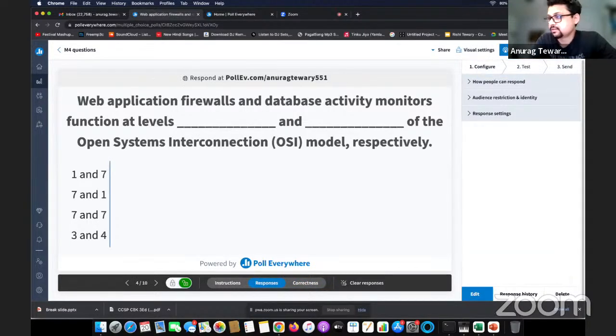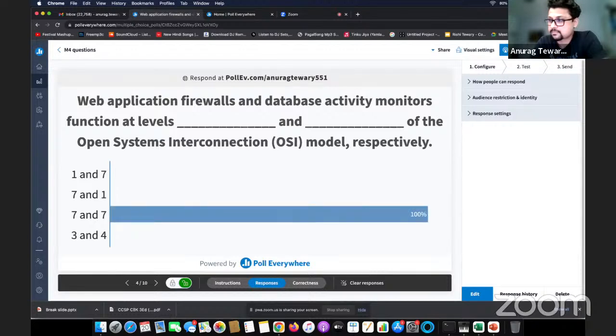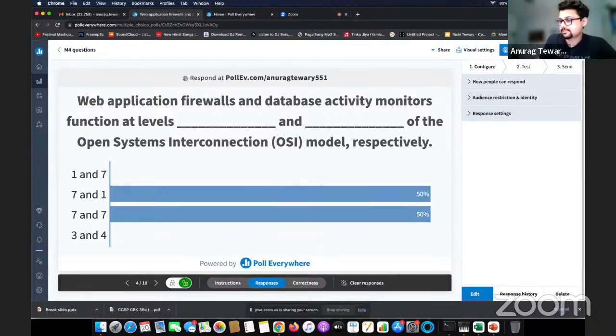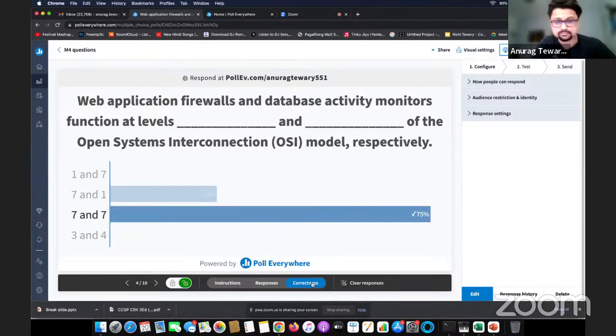All right. So WAF, or Web Application Firewalls, and Database Activity Monitors function at what levels of the OSI model? So at what level do the WAF and the database activity monitoring function work? All right, okay, so that's a split, but the right answer is 7 and 7, because the Web Application Firewall works at layer 7 as it tries to secure the web applications.